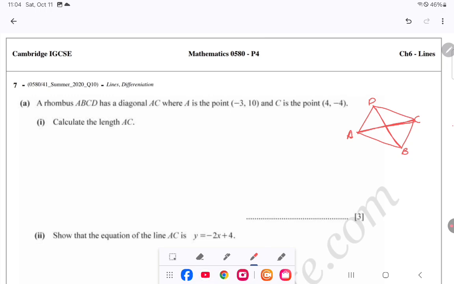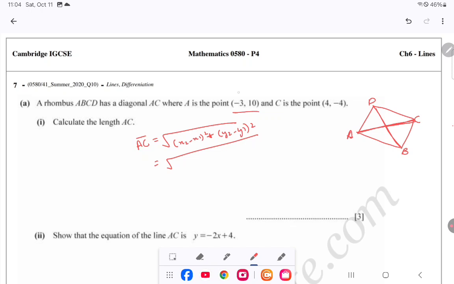Now for that, the length formula is AC is equal to the square root of x2 minus x1 squared plus y2 minus y1 squared. Apply the formula, put the values.